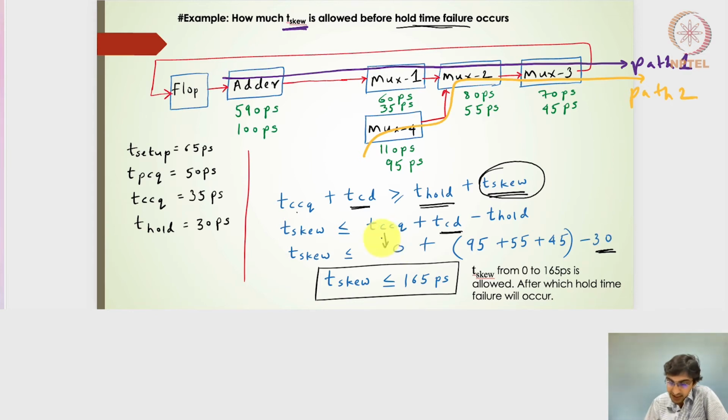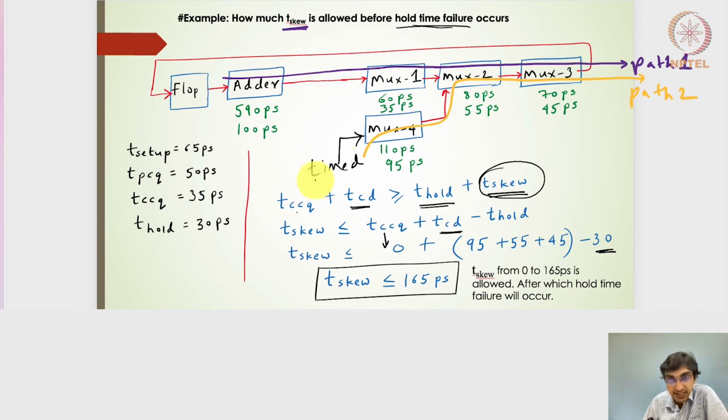Here the TCCQ, I'm considering it to be 0, which is not appropriate, which is not correct. What we are assuming is that in this particular data path system, the input to the MUX4 should also be timed.